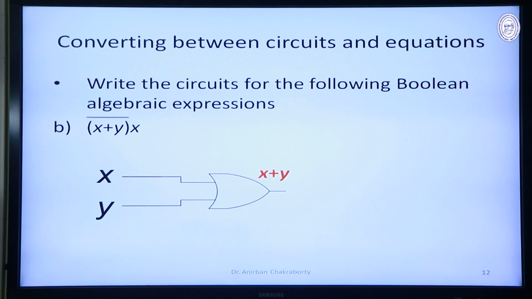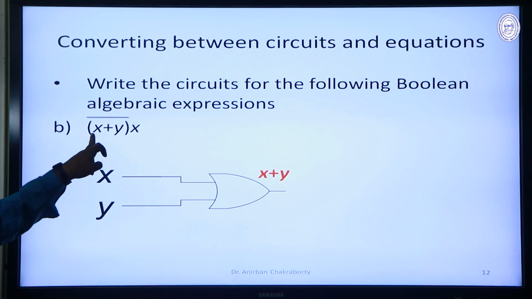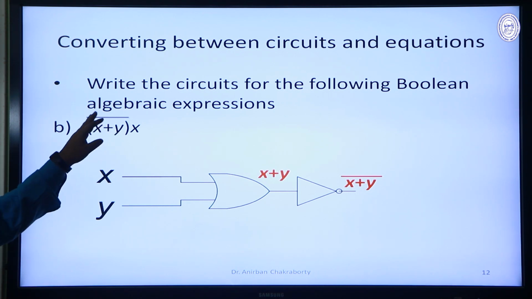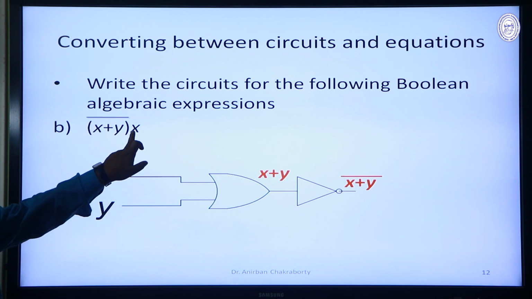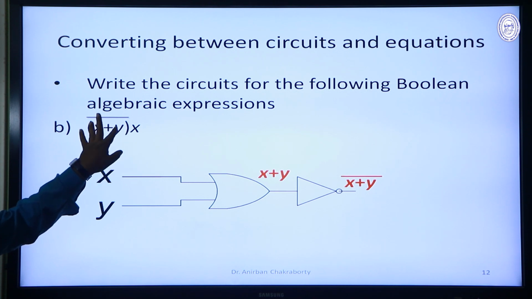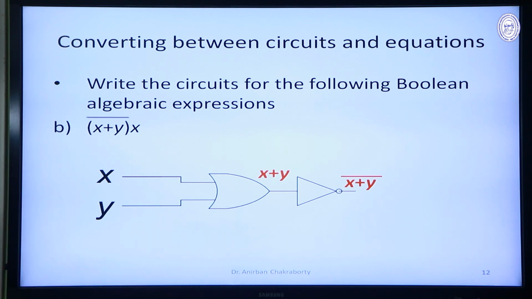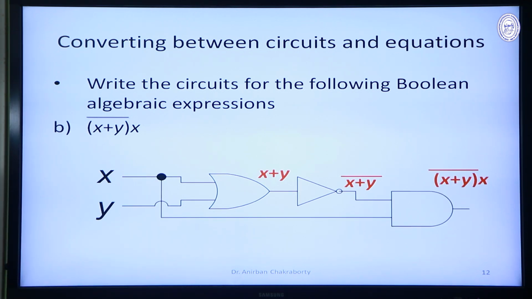Then I have to make this bar, so there should be one NOT gate: the NOT gate gives (X OR Y) whole bar. Next, here is the X, and dot means AND operation. So I have one AND operation, this one with X. This is the final output, and I have constructed the corresponding circuit.